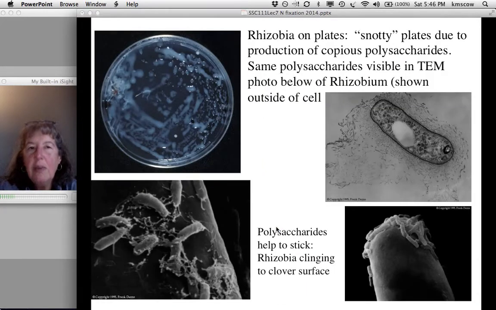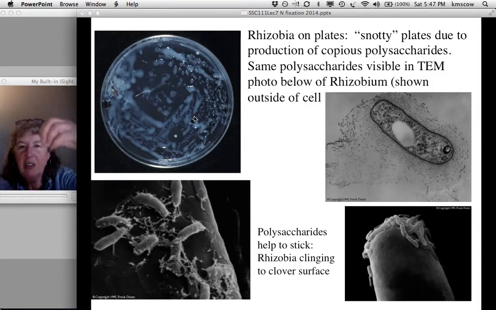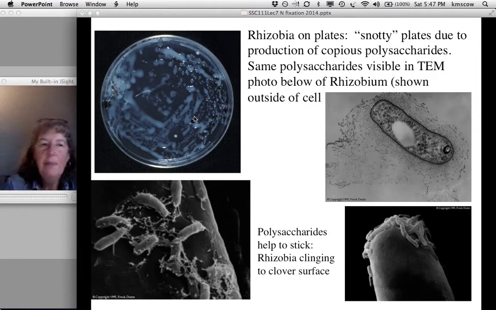Okay, so rhizobia on plates are kind of mucousy, snotty. Sometimes you can pick up a loop of colony of rhizobium, and it's disgusting, a sort of snotty consistency, due to the fact that they produce a lot of extracellular polymers, polysaccharides, around this little rod of a rhizobium here.